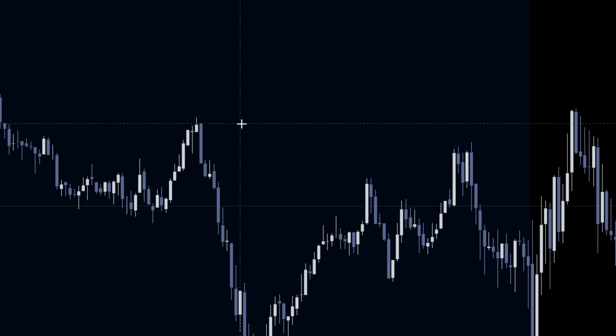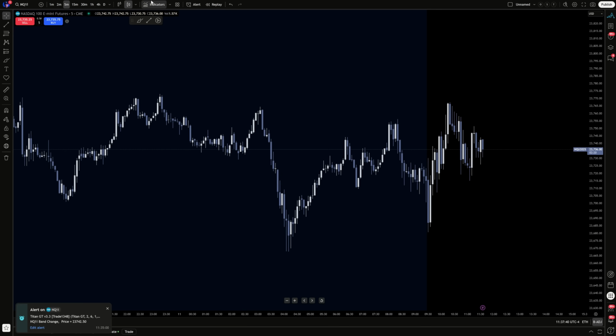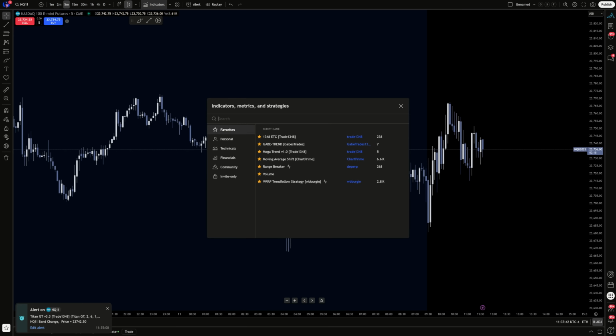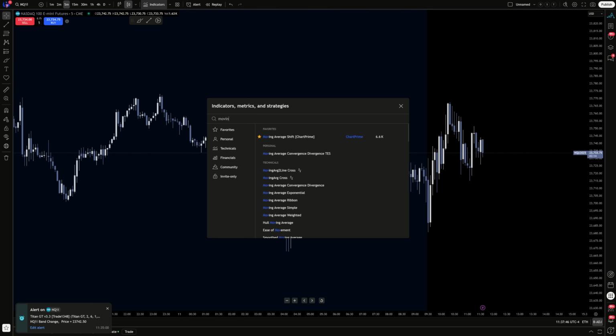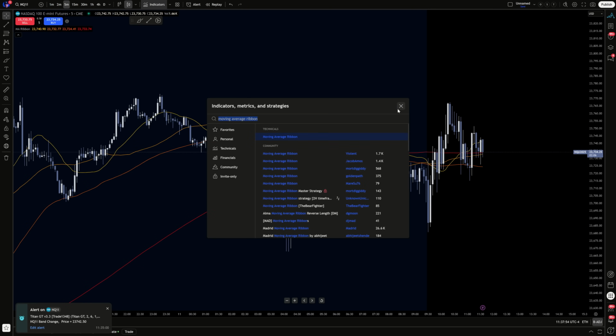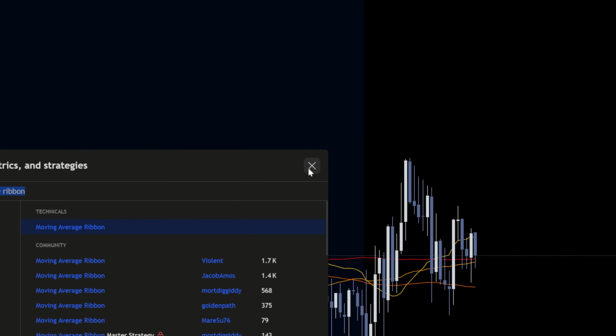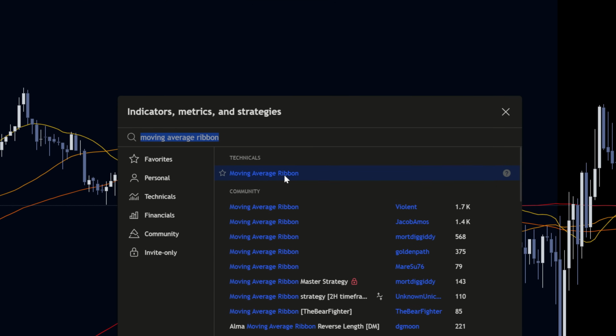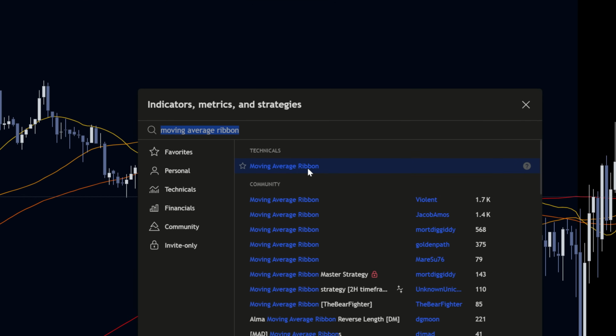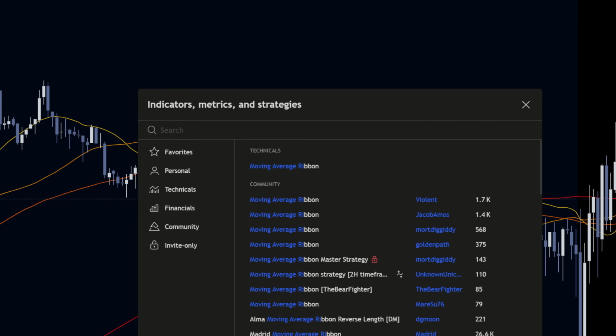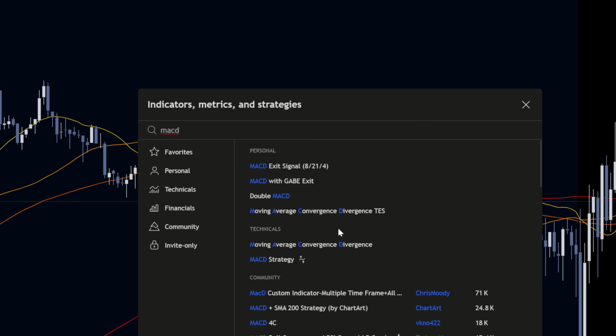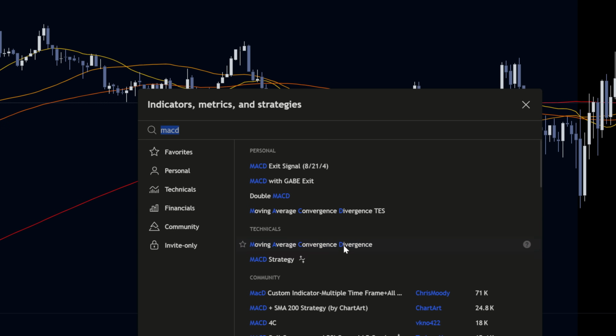Now, first things first, we want to go on over to our indicators. And the first indicator we're going to type in is the moving average ribbon. We're going to add that. The next indicator we're going to add is the MACD, and this will be the moving average convergence divergence.